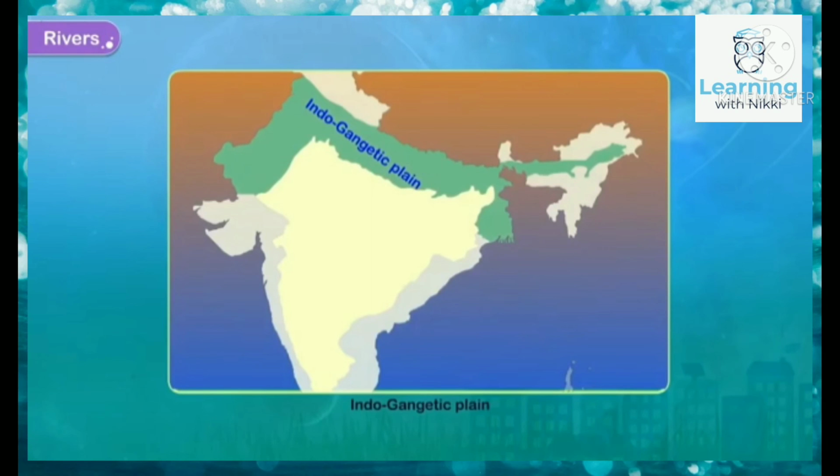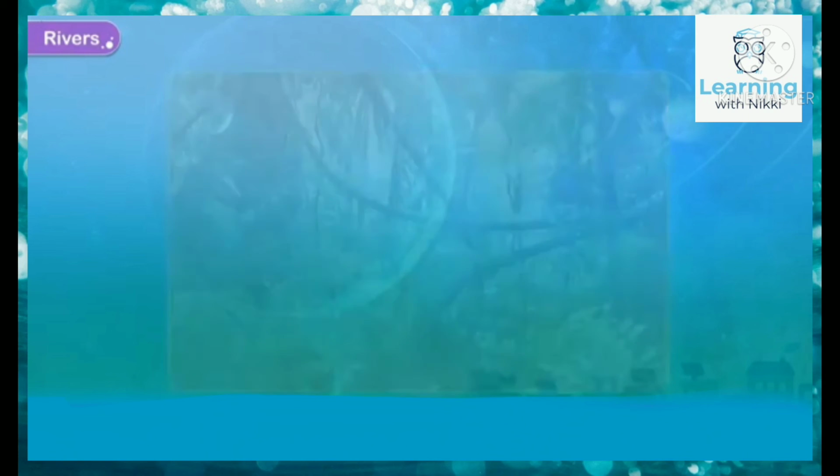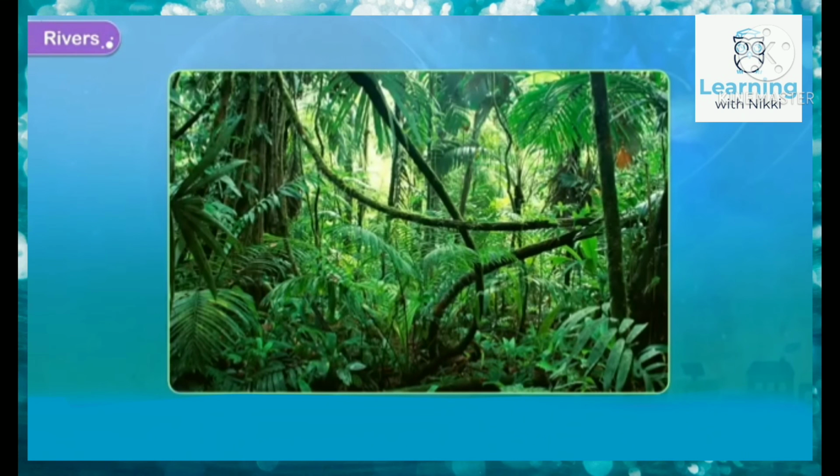The Indo-Gangetic Plain is another example of many rivers forming a flat plain. The Amazon rainforest produces huge amounts of oxygen by absorbing gigantic amounts of carbon dioxide. It functions like a giant air machine and is therefore also referred to as the lungs of the earth.